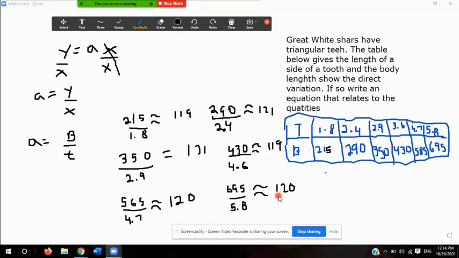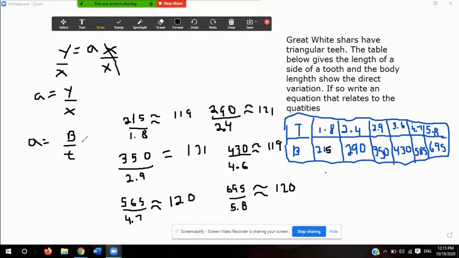So if you were to divide each one individually using a calculator, you would see that the answers are closer to 120 than they are to 121. And this is normal when you're using real world data, like measurements in the case of the great white sharks. In that case, you simply round your answer or choose the number that it's closest to.